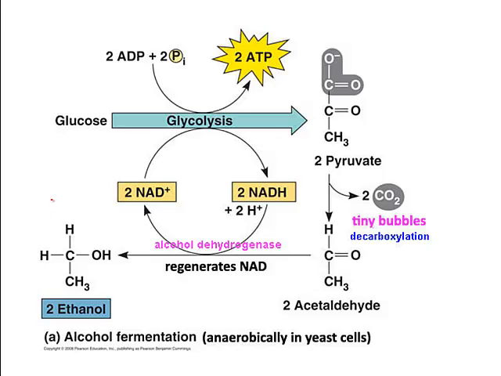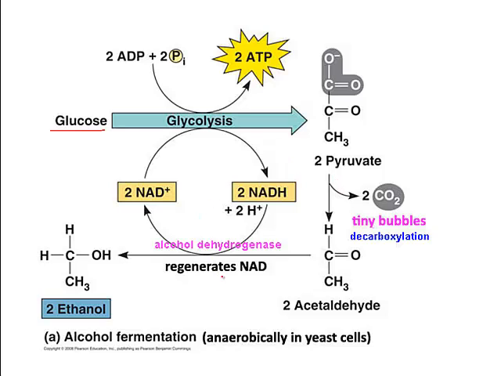So for alcohol fermentation, what you're going to have happening here is here's your glucose molecule again. Remember, that's 6 carbons, and it's got to get split into 2 pyruvic acid molecules over here. And to do that, we generate 2 ATP. But in order for glycolysis to happen, we have to have 2 NAD+ available. Okay?